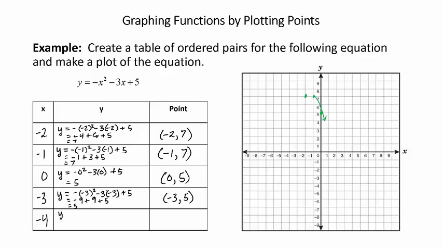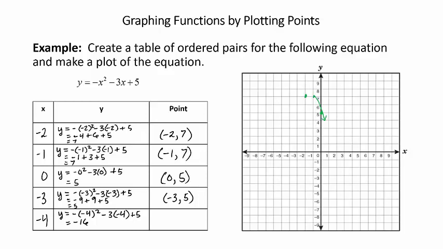And while I'm over here, when x is -4, I have a negative times the quantity -4 squared minus 3 times -4 plus 5. Okay, so -4 squared is 16, but we have -16 because of the negative out front.